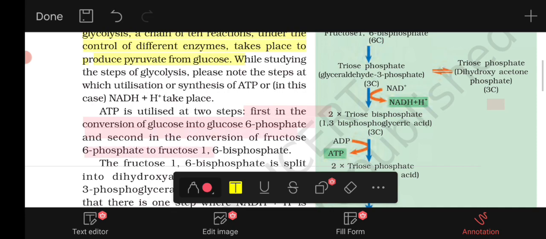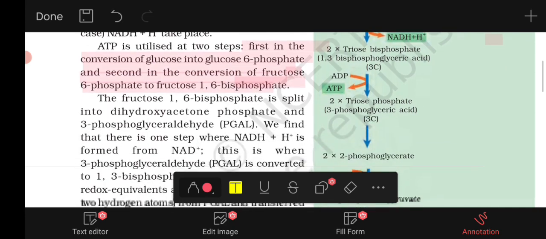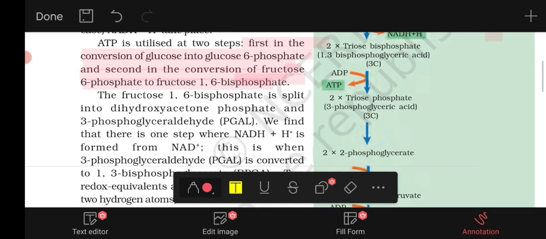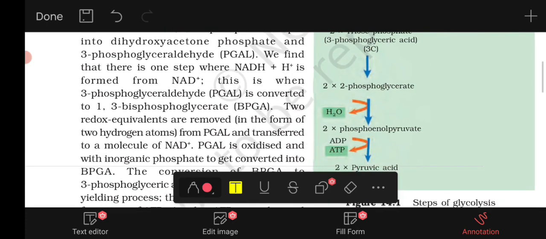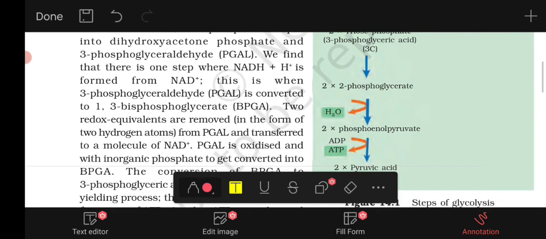Now the fructose 1,6 bisphosphate is split into dihydroxyacetone phosphate and 3-phosphoglyceraldehyde. We find that there is one step where NADH H+ is formed from NAD+. This is when 3-phosphoglyceraldehyde is converted into 1,3 bisphosphoglyceric acid.